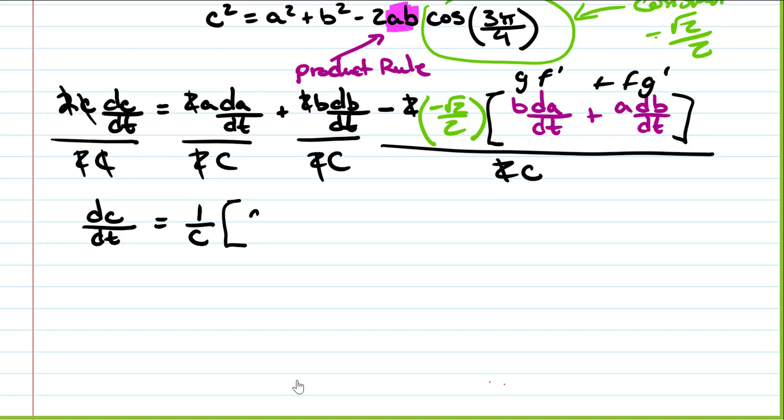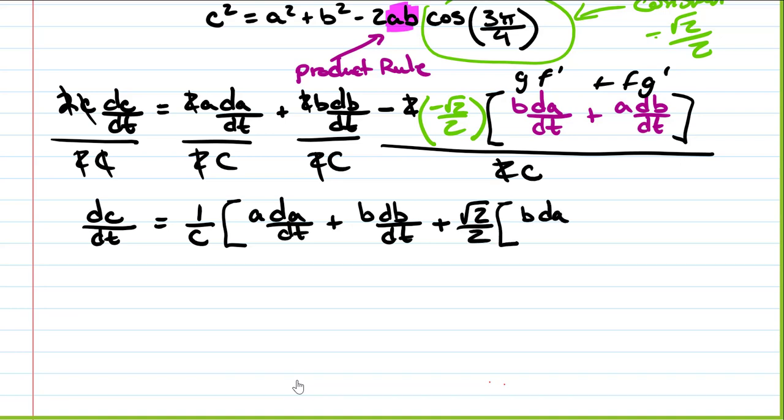And then I will have a dA/dt plus b times dB/dt minus, a minus makes it plus, square root of 2 over 2 times b dA/dt plus a dB/dt.